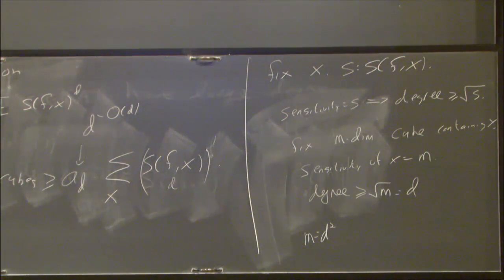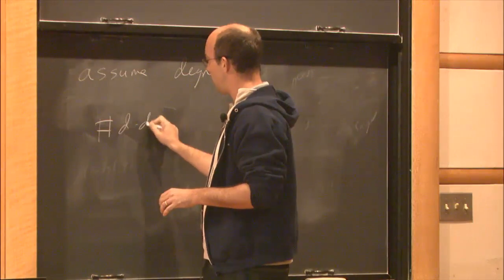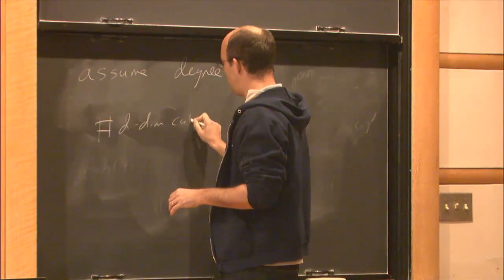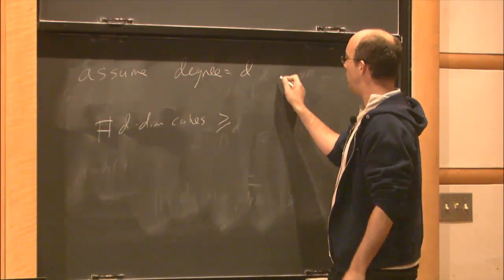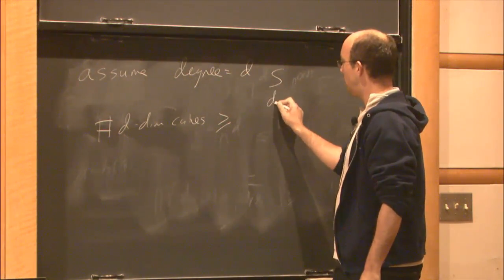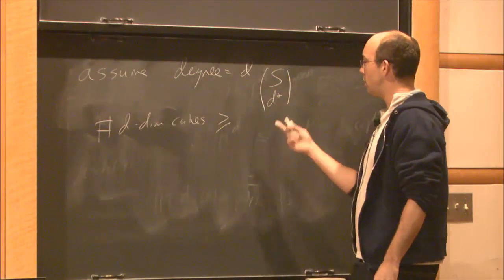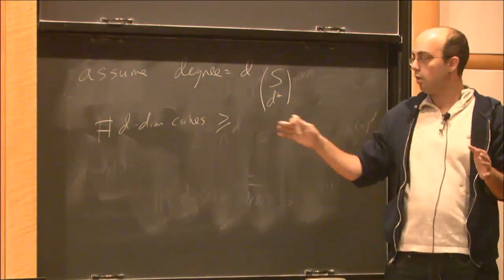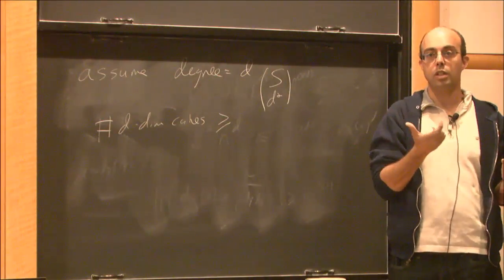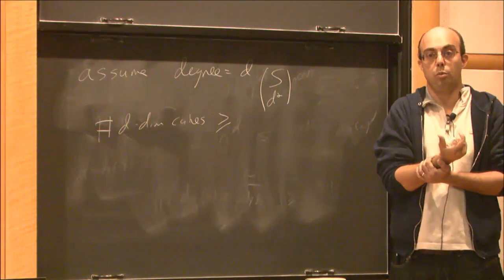How can we lower bound the number of d-dimensional maximal degree cubes? Well, it's at least s choose d squared. For every d squared coordinates, there is at least one d-dimensional cube.